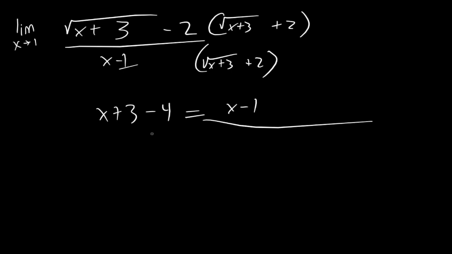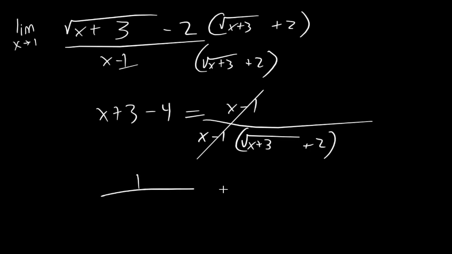And then we can put x minus 1 over here, and then parentheses, the square root of x plus 3 and then plus 2. And you already see what we're going to do here. These two are the same. Essentially, just cross that out, and then we put 1 over the square root of x plus 3 plus 2.